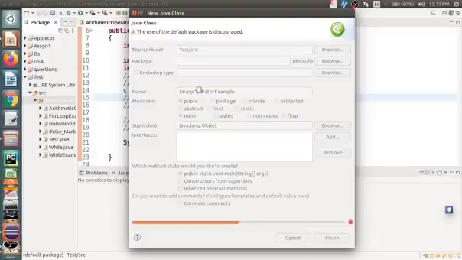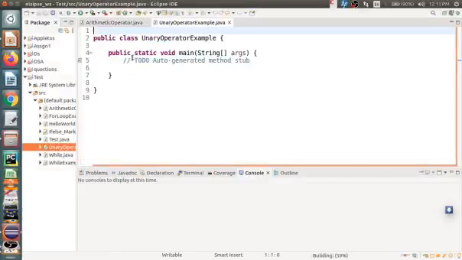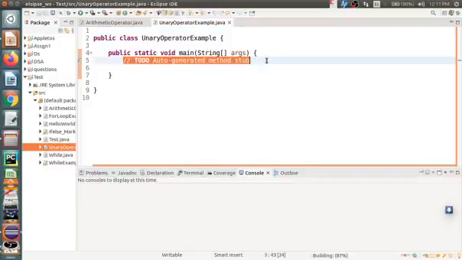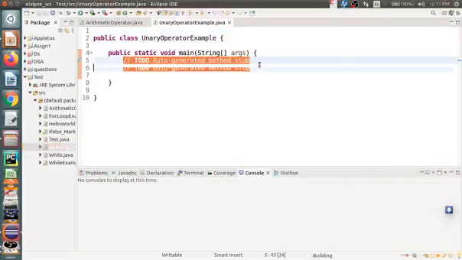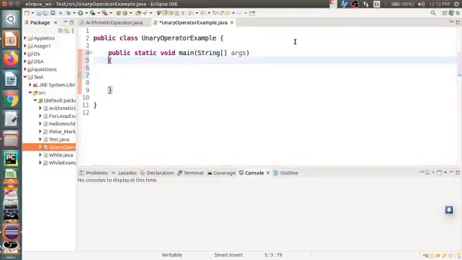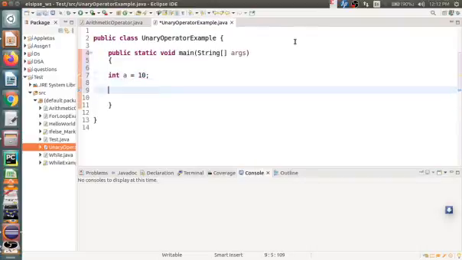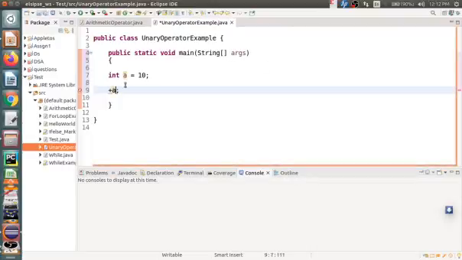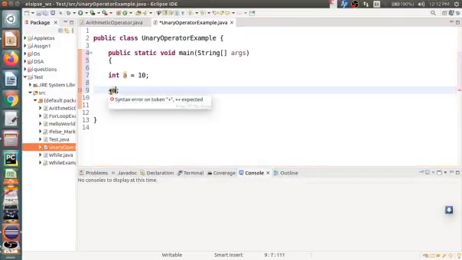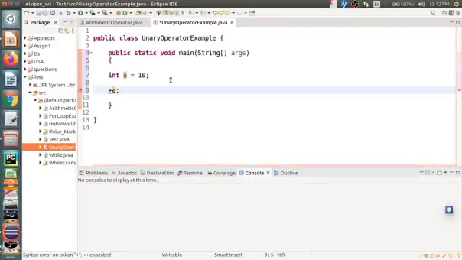We make a class. Then inside the main method we write those expressions. Suppose int a is equal to 10. Now I will write plus a. This is a valid operation.